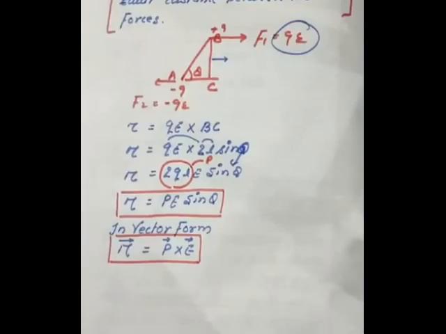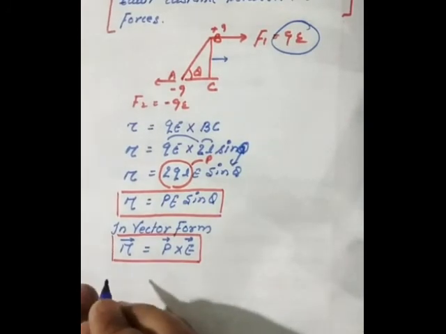Suppose the question arises in our mind, on which condition the torque is maximum. Torque is maximum when theta equals 90 degrees, or the dipole is perpendicular.